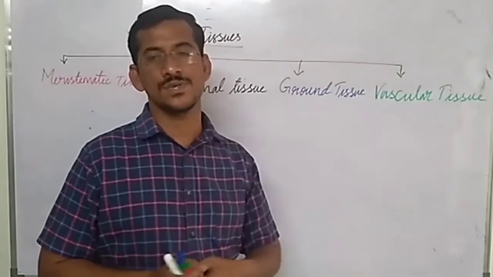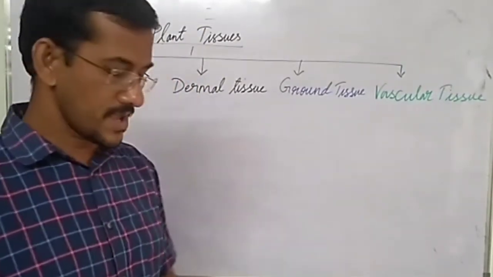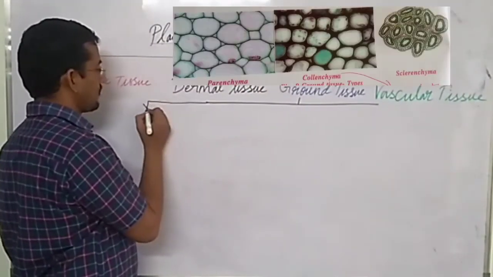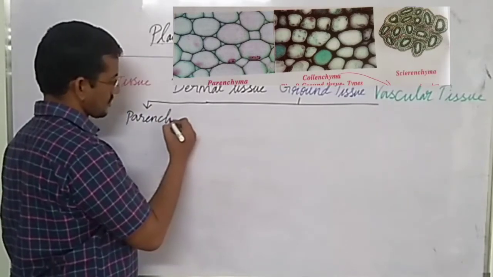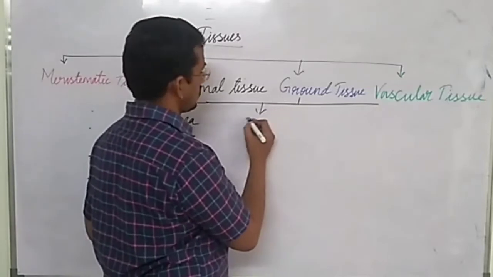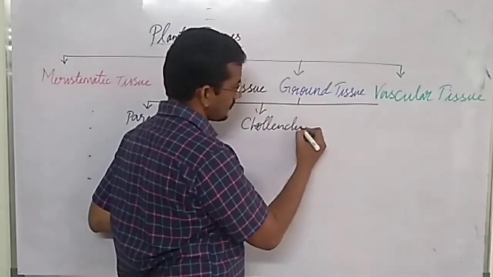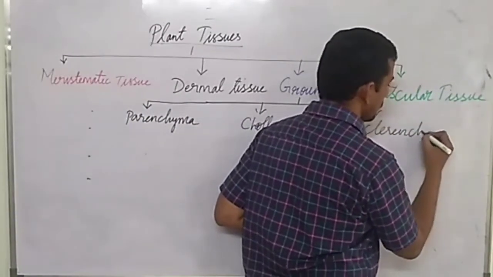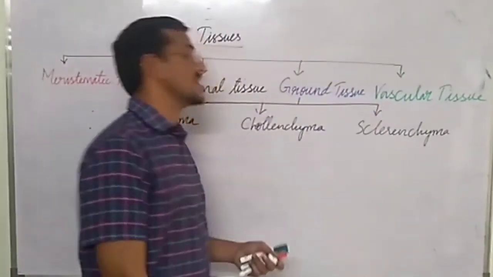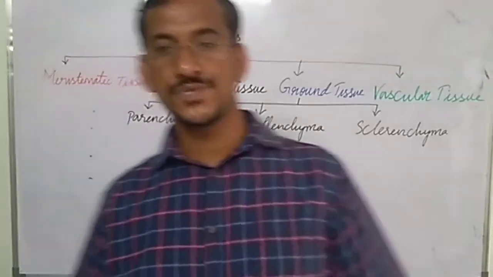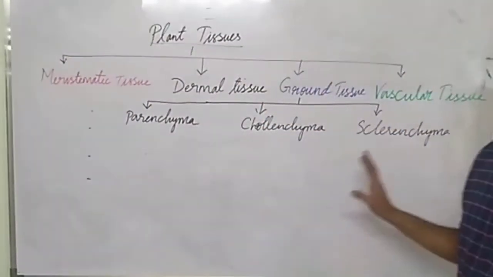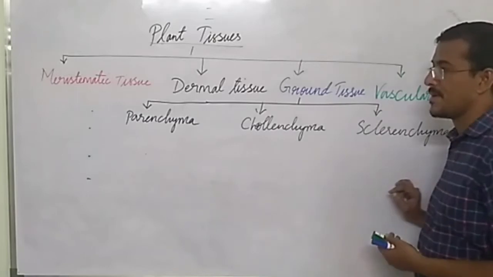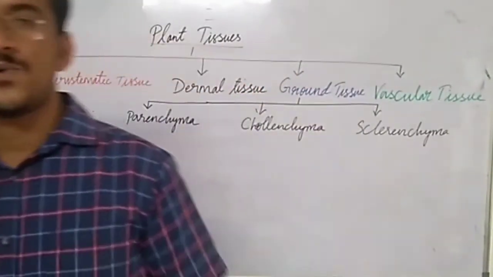These ground tissues are of three types: parenchyma, collenchyma, and sclerenchyma. These are the three types of ground tissues.